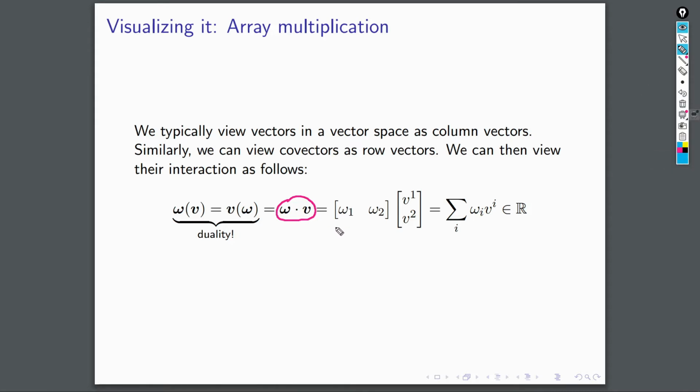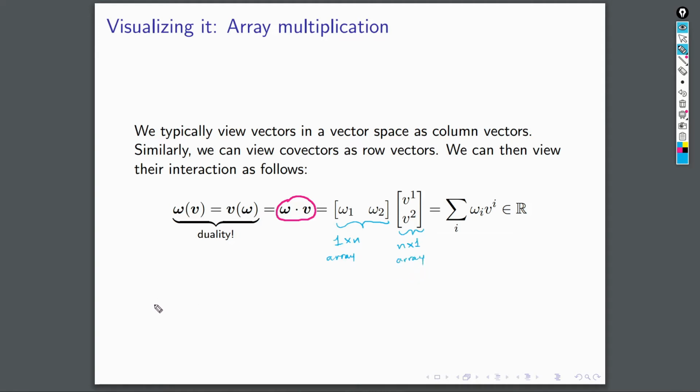So this is a 1 by n array. Let's call it an array because I don't want to confuse it with matrices later. And this is an n by 1 array.